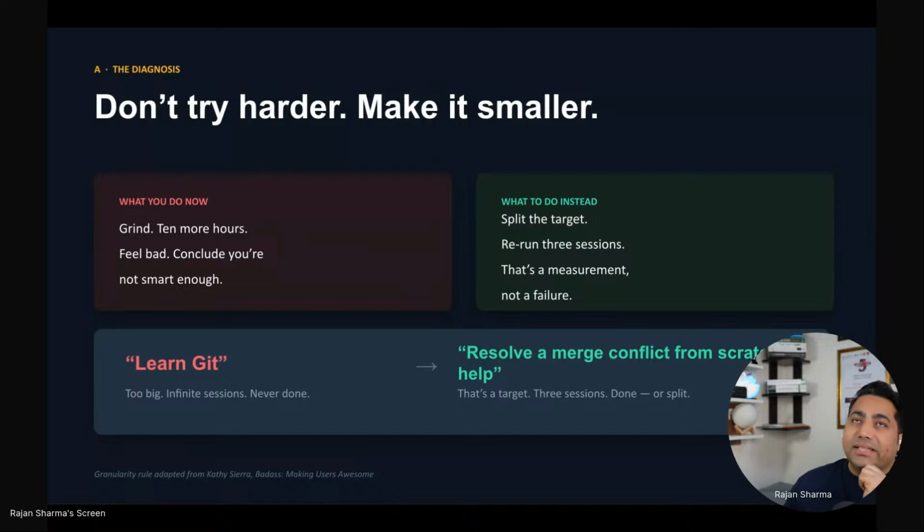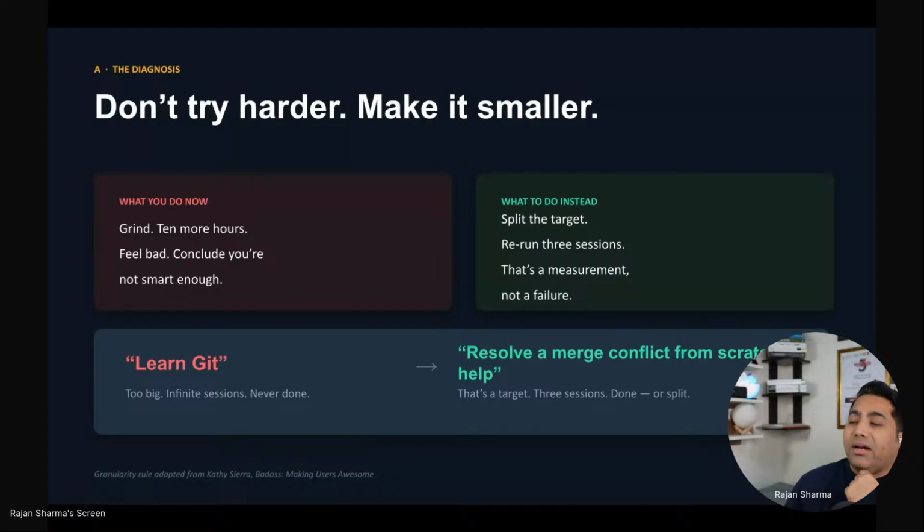If three sessions are not enough, like I was saying before, you don't try harder, you make your target small. And this is exactly the opposite of what every one of you does or has done in the past.